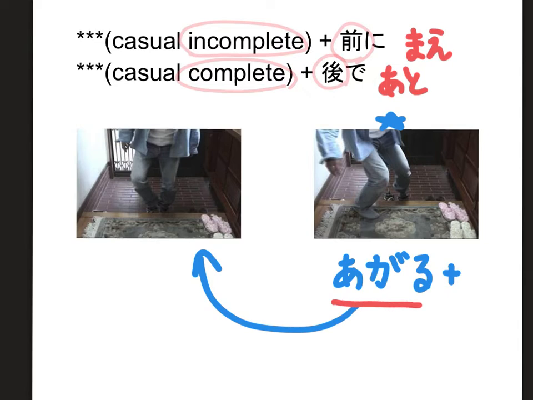And then you finish the sentence with what would be the left side of the sentence, or kutsu o nugimasu. So to say, before I step up, I take off my shoes, or before you step up, you take off your shoes, you say, ippo agaru mae ni, kutsu o nugimasu.